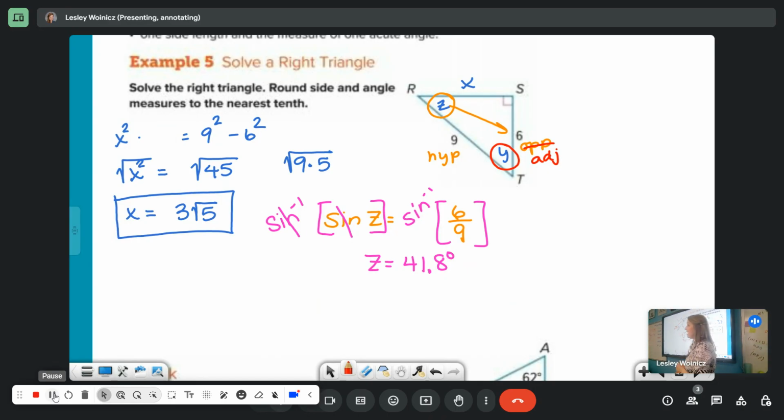But I want the angle. I'm going to feed it a ratio and get back an angle. So I'm not going to use regular cosine. I'm going to use inverse cosine. So I'm going to say y equals inverse cosine of 6 over 9. What is it?